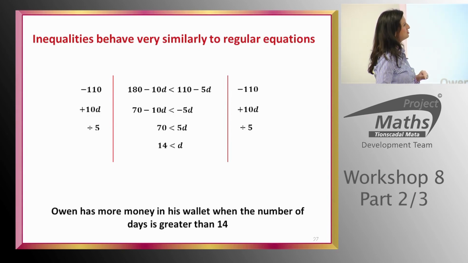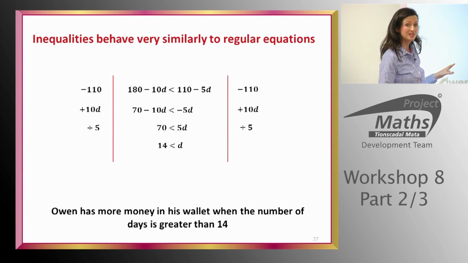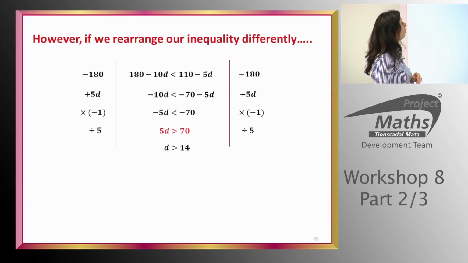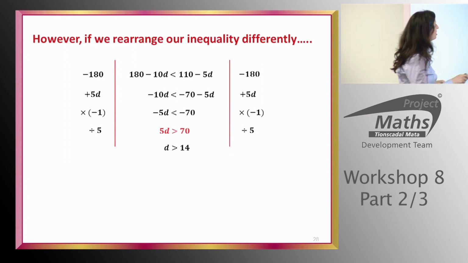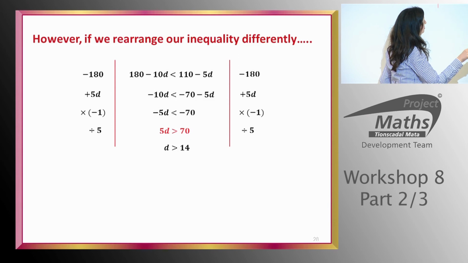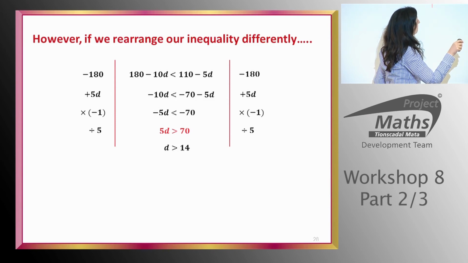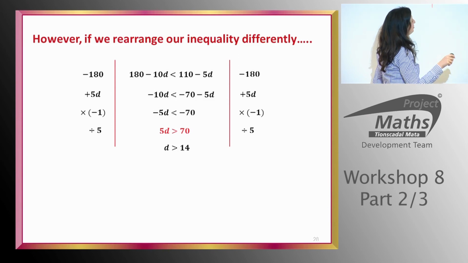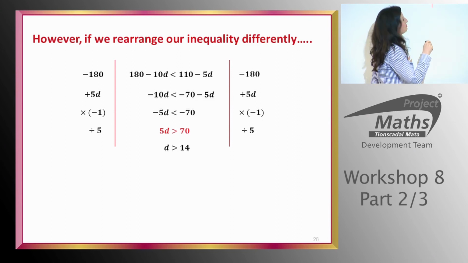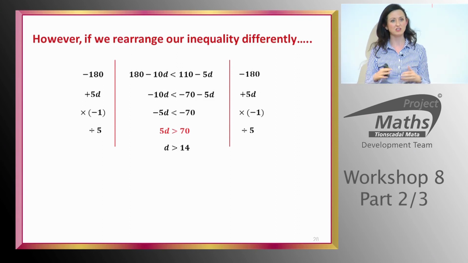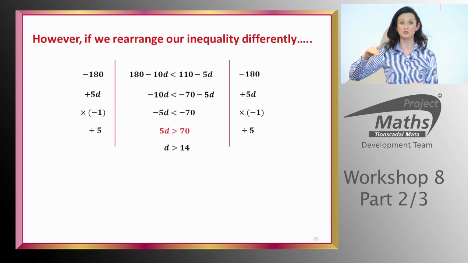Okay. Now, seeing as we're here, we might as well take it a step further. What if I rearranged my inequality in a different way? So I started off with my question, when has Owen got more than John? But this time I'm going to treat my equation differently, because no two kids are going to do their equation the same way.